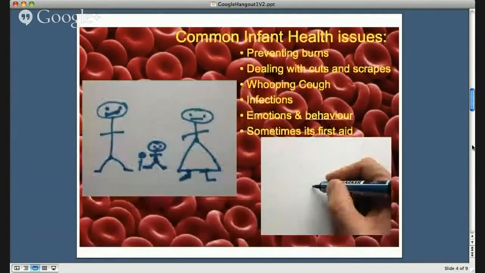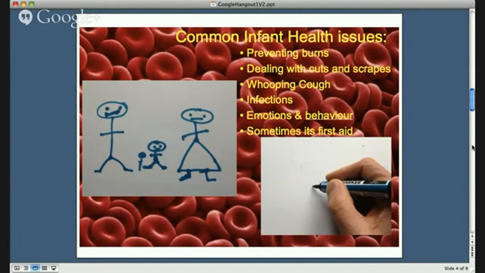And then I've put down here common infant health issues, but I think it's probably a bit more expanded than infant. It's from the time that a child becomes an infant to the time I'm looking at when they go into the preteen stage. In here, it's about preventing burns. It's about dealing with cuts and scrapes. Maybe it's even about broken bones or whooping cough when kids are younger, or preventing infections and poisoning.